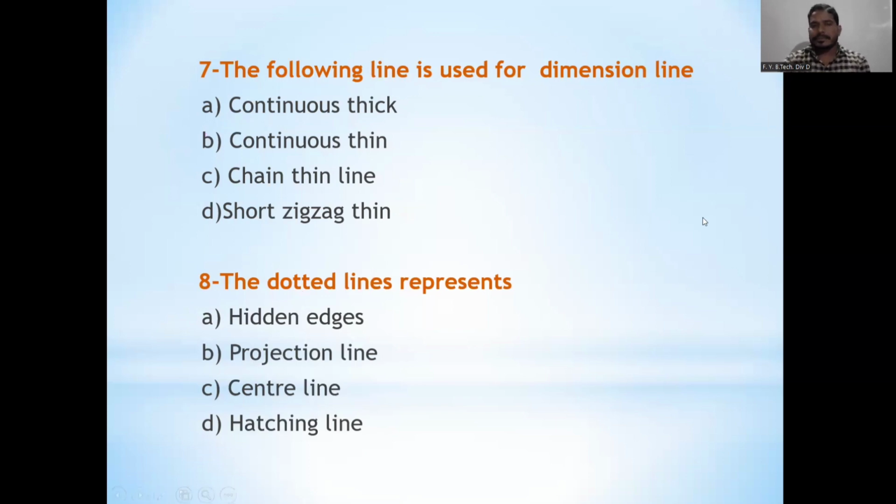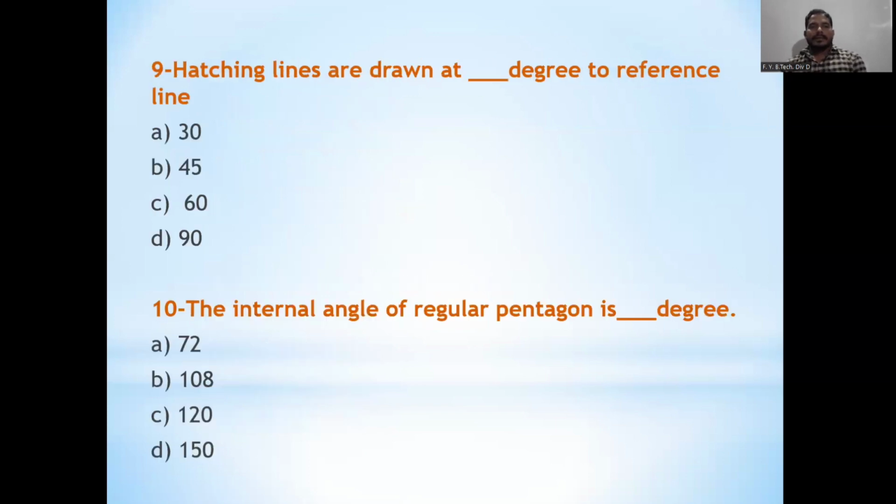Then next, ninth: hatching lines are drawn at dash degree to the reference line. As per our BIS standard, Bureau of Indian Standards, we are drawing hatching lines at a 45-degree angle to the reference line. So here option B will be correct.